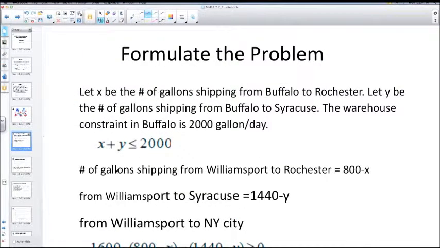Let's assume we send X gallons from Buffalo to Rochester, and Y gallons from Buffalo to Syracuse.